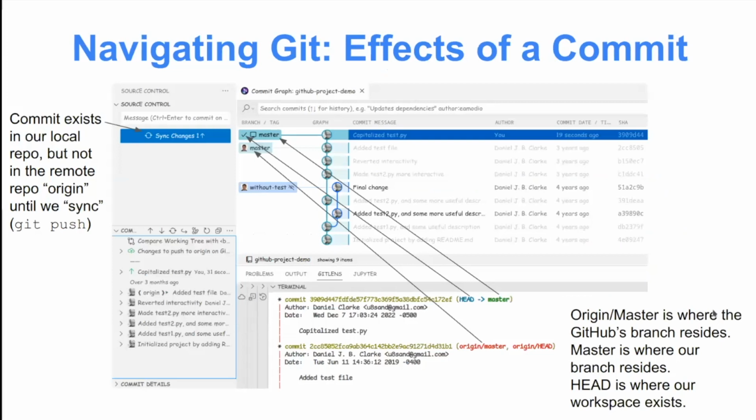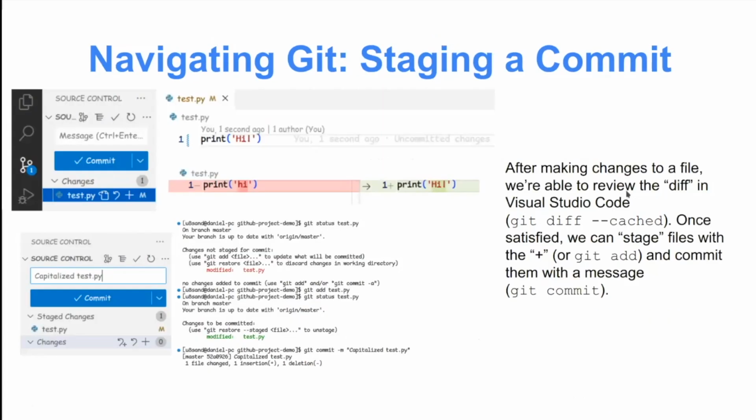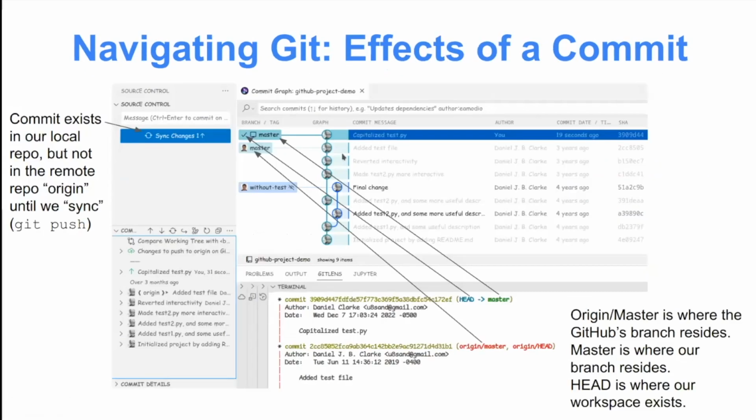Once it's in your local repository, so I've done that here, and if I look back at this git log graph, or the graph of the GitLens extension, we can see our new commit. So I wrote in the message capitalize test.py, and so we can see here capitalize test.py 19 seconds ago that I made this commit.